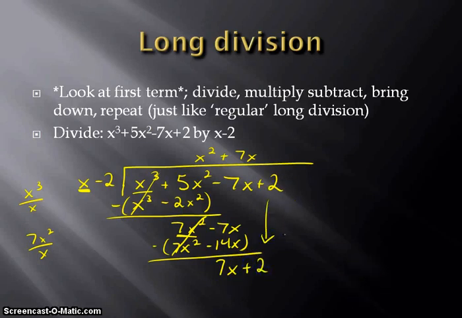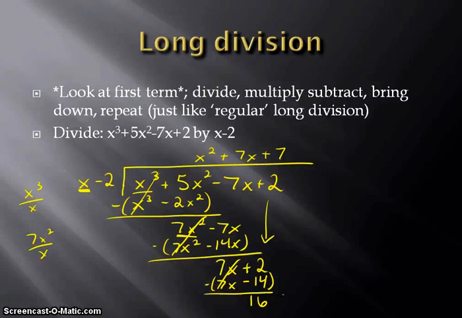Bringing that 2 down. 7x divided by x is plus 7. Multiply, so we have 7x minus 14. Again, we're subtracting all of this. That drops out. 2 minus negative 14 is 16. Now we don't have anything else to drop down.